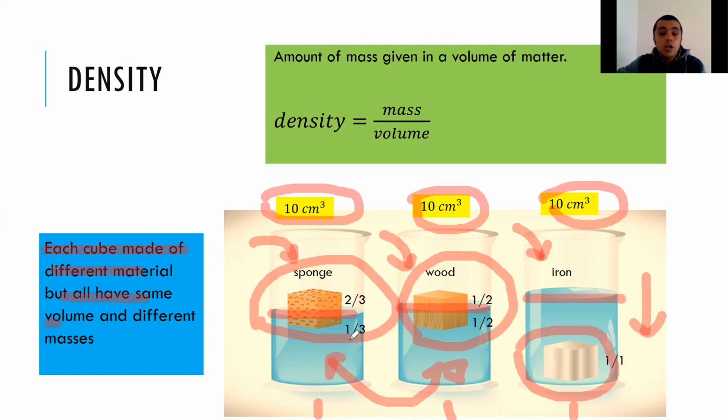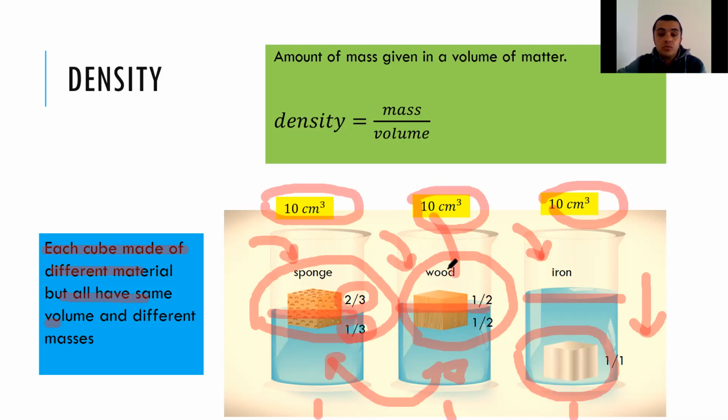When we look at the sponge, 1/3 of the sponge is in water, and 2/3 is outside, it floats on it. So if there is more part of the substance inside of the water, which means that it has higher density. When I look at here, they have the same volume, but this one has like 5 centimeter cube inside of the water.